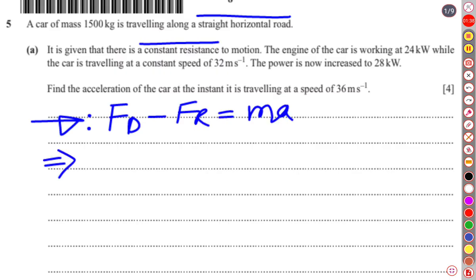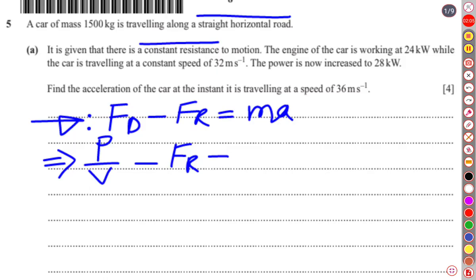So driving force, we know, means power over velocity, minus resistance, which is constant, so it will remain unchanged. And we are not ignoring the weight also, because sometimes students ask why we are ignoring the resistance caused due to weight.